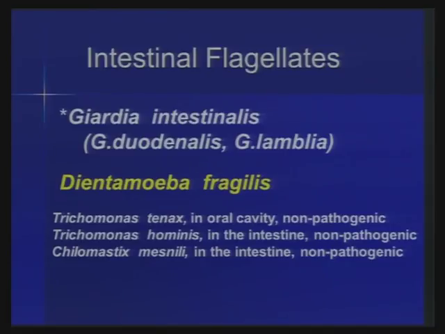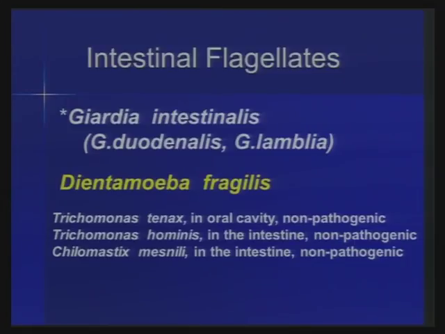And the other one is Dientamoeba. These three are non-pathogenic, and they live separately in the oral cavity. So just know the names: Trichomonas tenax, Trichomonas hominis, and Chilomastix mesnili. You're going to see these, but you should know that they are non-pathogenic flagellates in the human body.